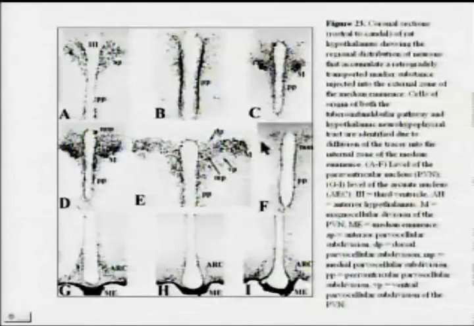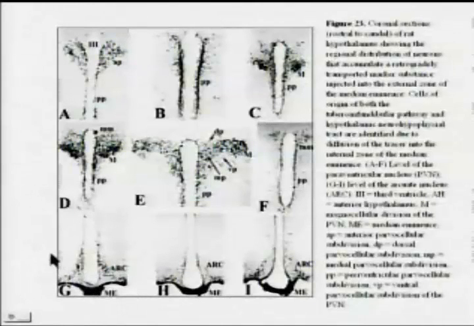The lateral parvocellular subdivision has projections down to the brainstem and the spinal cord, and is very important in coordinating somatic and visceral components related to the endocrine function of the periventricular nucleus.